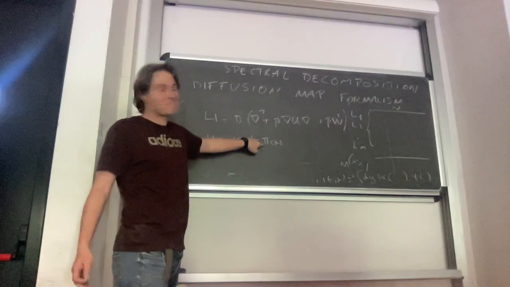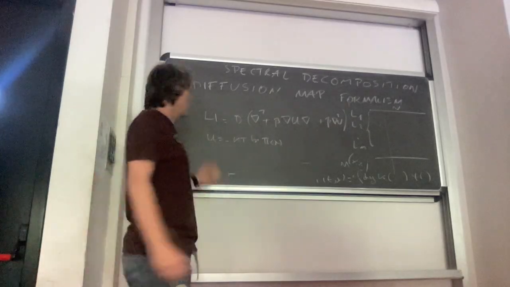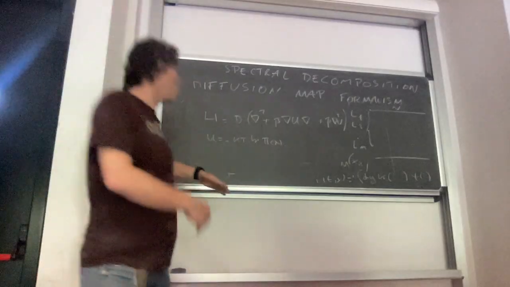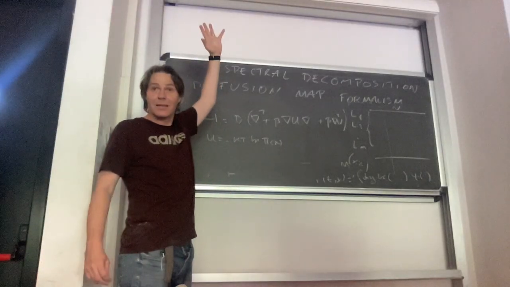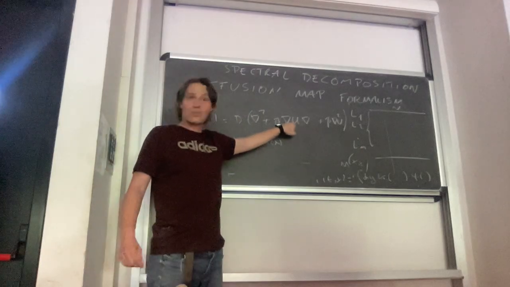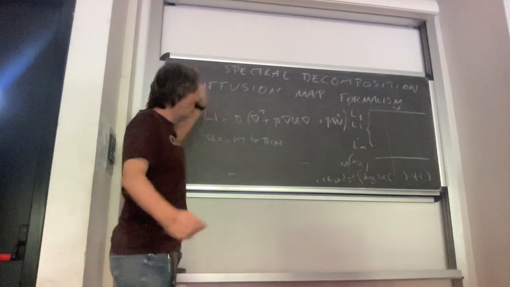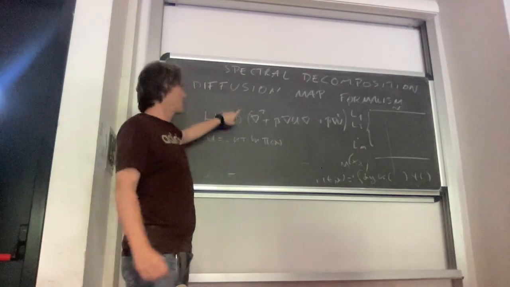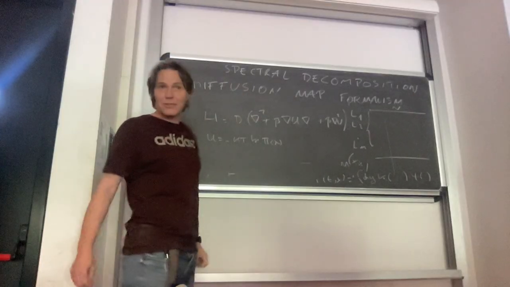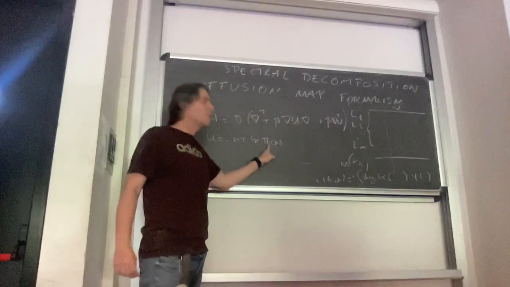Right? Lowest eigenstate. Why? Because basically what this is telling you is that all the information about all the kinetics of the system is entirely contained in the diffusion coefficient and in the potential, but also in the overall time scale, which I can renormalize out, and in the equilibrium distribution.